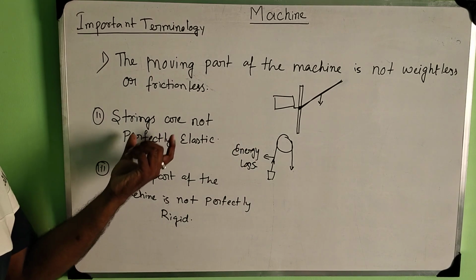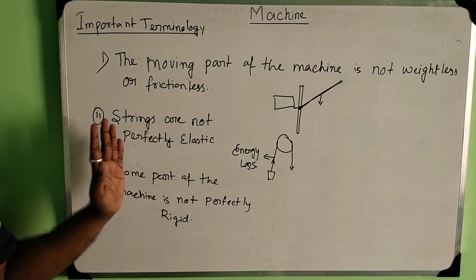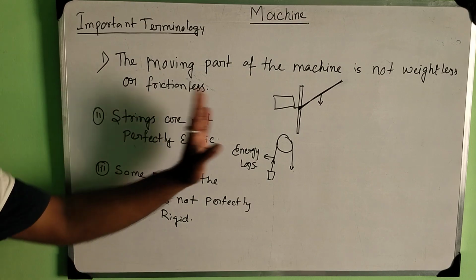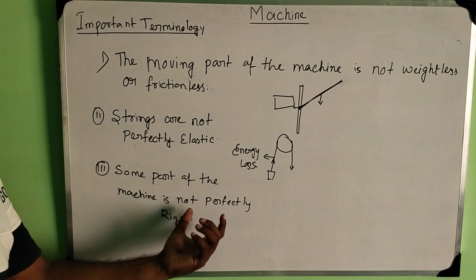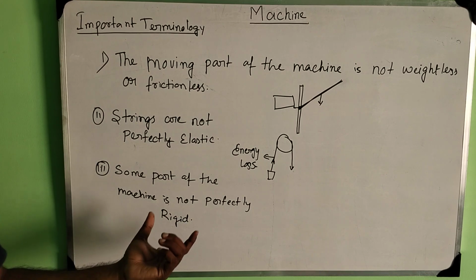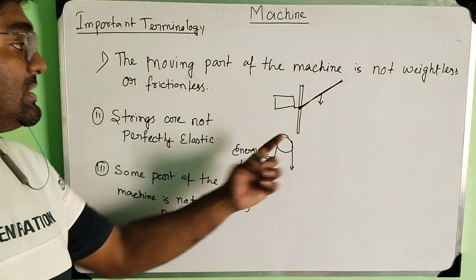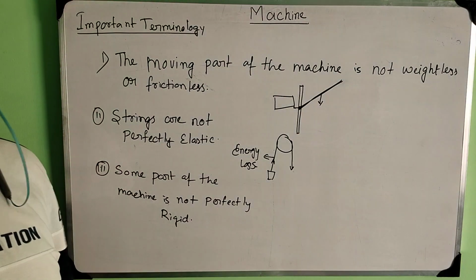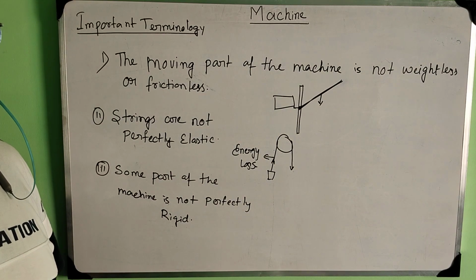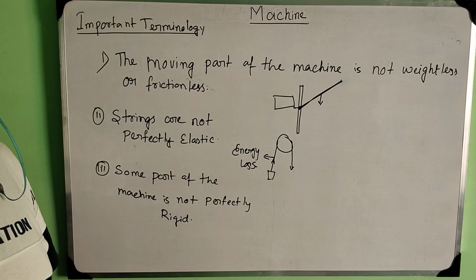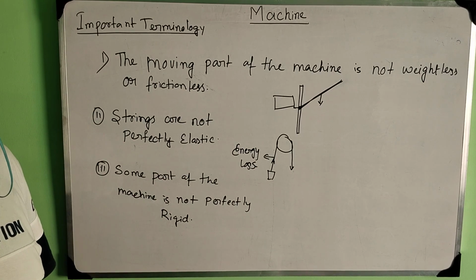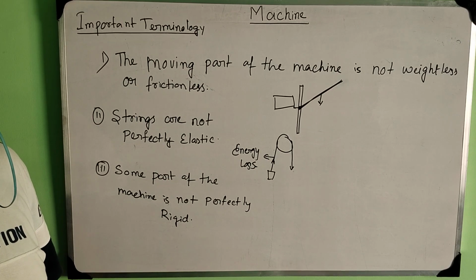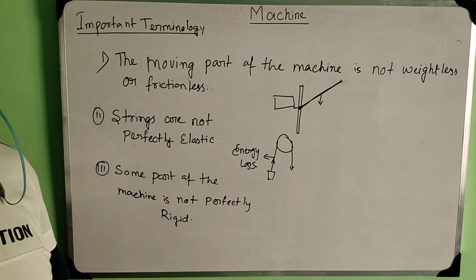Second point is the string is not perfectly elastic, and due to this non-elasticity also, the energy is lost. And some part of the machine is not perfectly rigid. Since the part is not rigid, obviously it will change the shape of the machine, and if the machine part changes its shape, then obviously energy is lost. That is, some energy will be lost due to this deformation of the machine parts.